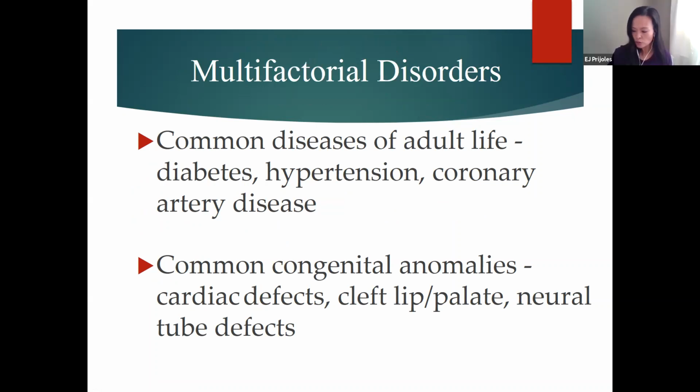And multifactorial disorders, we think about some of the common adult onset conditions like diabetes, hypertension, or coronary artery disease. But some of the congenital anomalies that we think of as being often multifactorial in pattern are cardiac defects, things like cleft lip and palate, and neural tube defects.